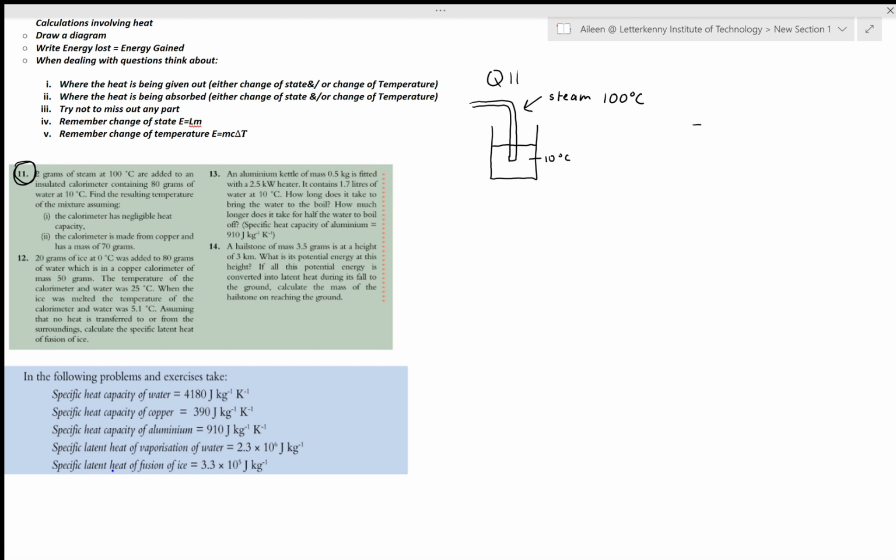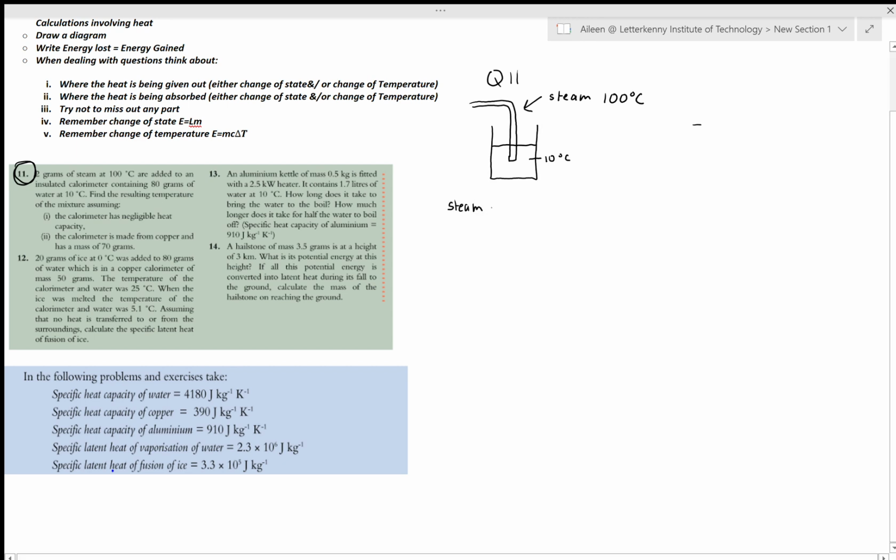As we add steam to the water, our water will heat up as it takes energy from the steam, which changes state into a liquid. So as your steam is added to your water, your steam condenses.